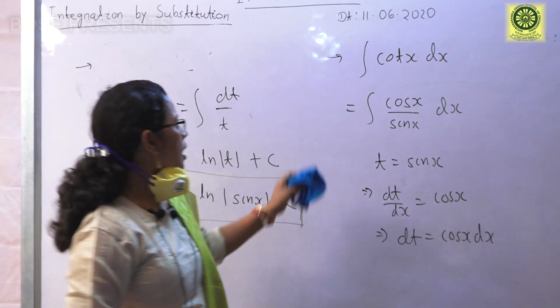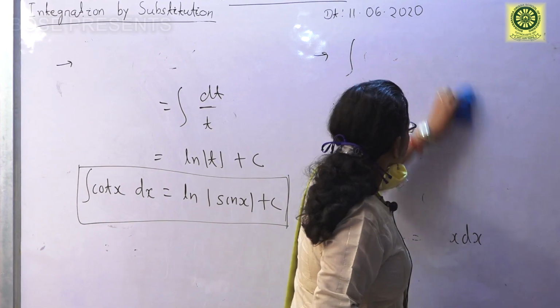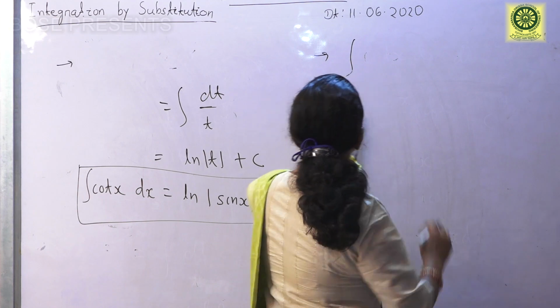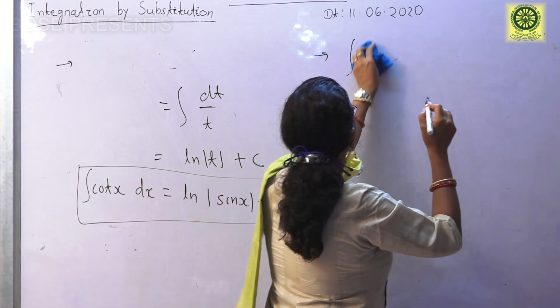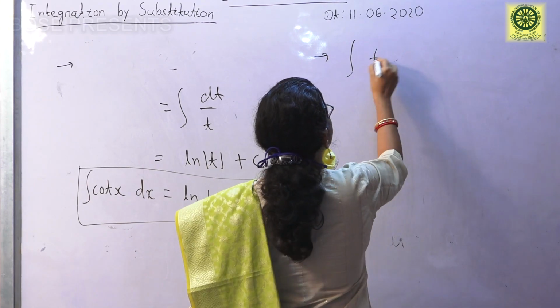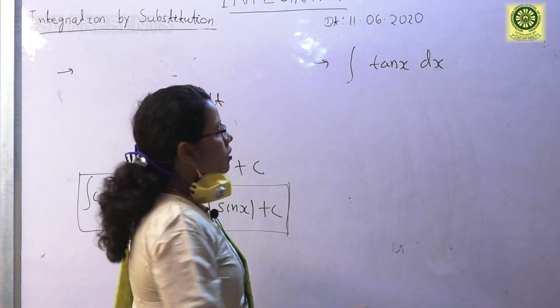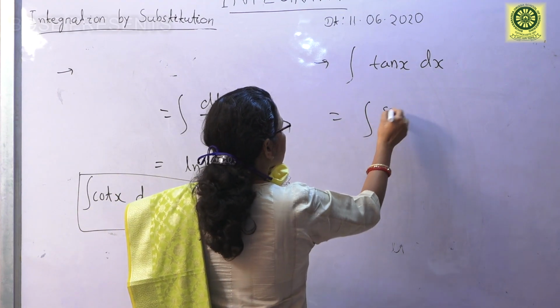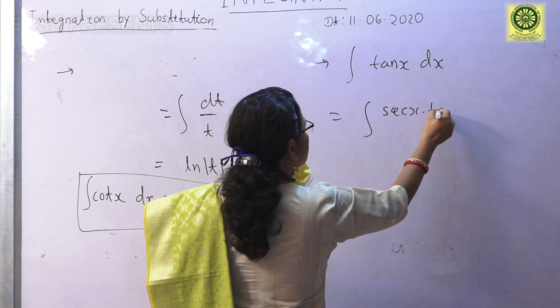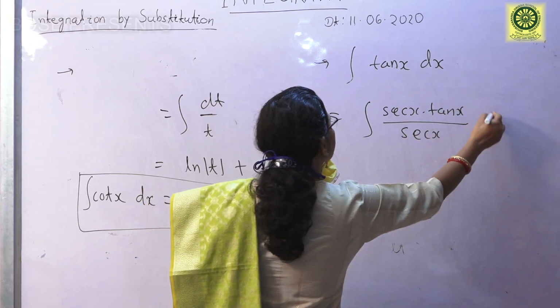Now let us do a similar type of problem, that is the integral of tan x with respect to x. Then just multiply by sec x and divide by sec x here.